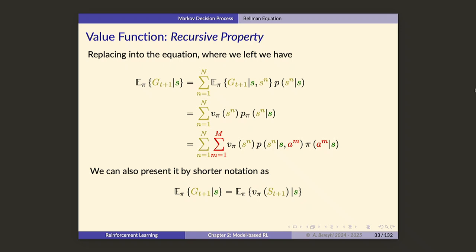But since you have your MDP and your policy, you can find the chance of every single next state, that is P of the next state given my current state. You say, let's say that I went to the first state, what is the value there? So you put it in the value function. What if I go to the second state? Then the value is this, and so on till all possible states. And then you average it. This is what you're looking for, right?